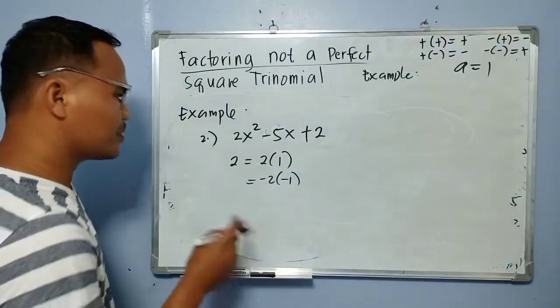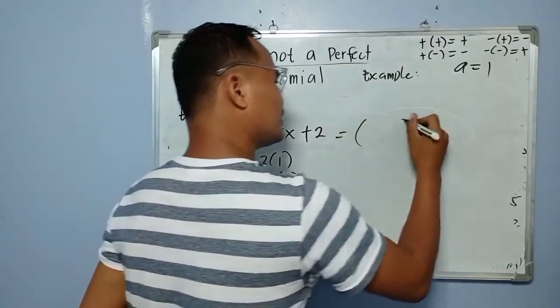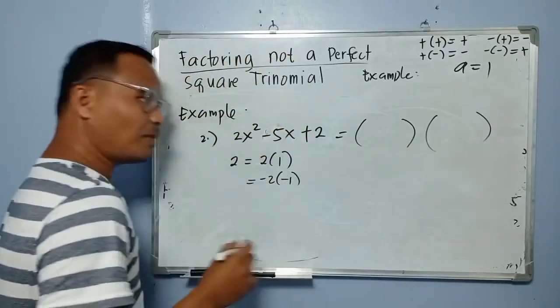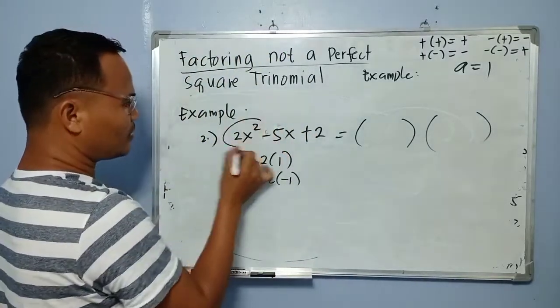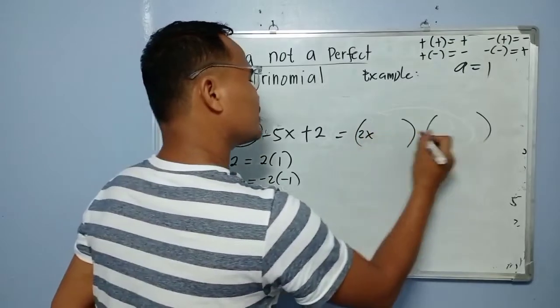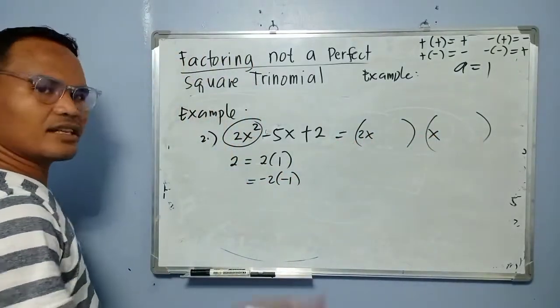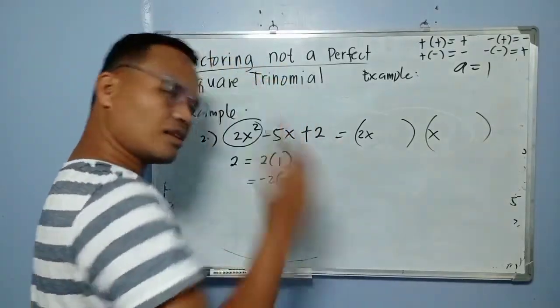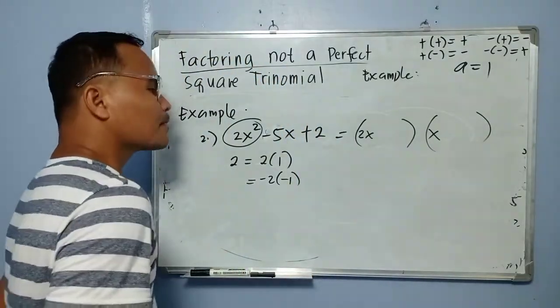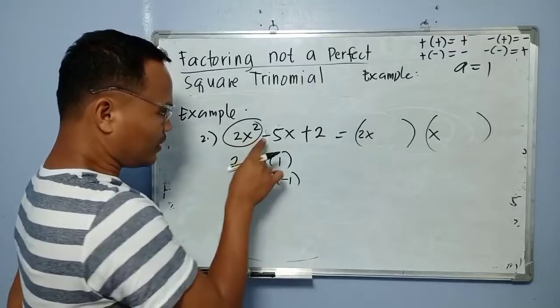There are only two factors of 2. Create two parentheses here, then factor out the first term. We have 2x times x, or we can make it x times 2x. It doesn't matter, as long as the factors are correct.